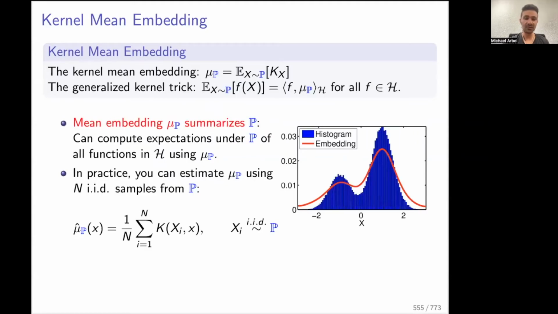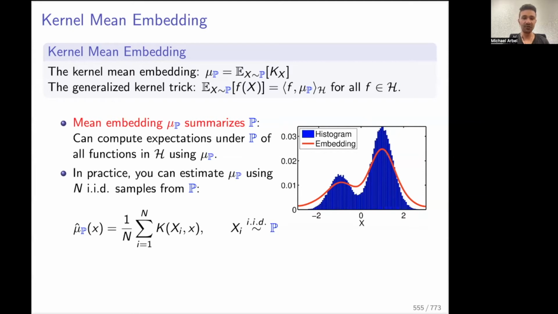Visually, if you compare this to a density estimation, you might find that for a specific choice of kernel, let's say a Gaussian kernel with a suitable bandwidth, it would approximate the histogram of the samples. So the kernel mean embedding can be thought of as a representation that sometimes looks like the density or an approximation of the density.